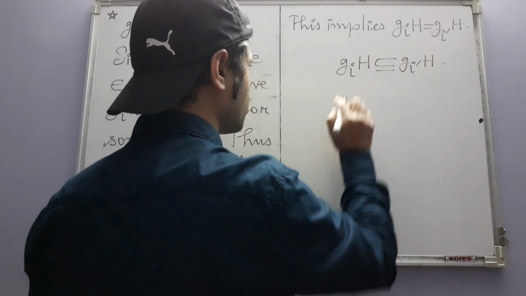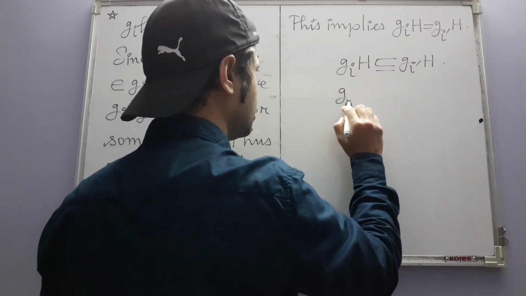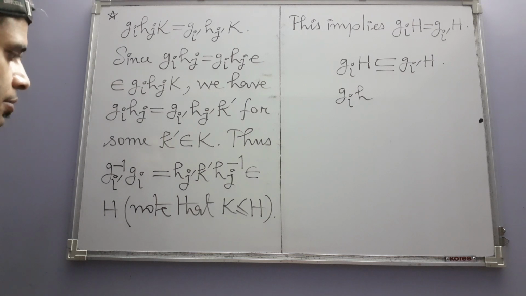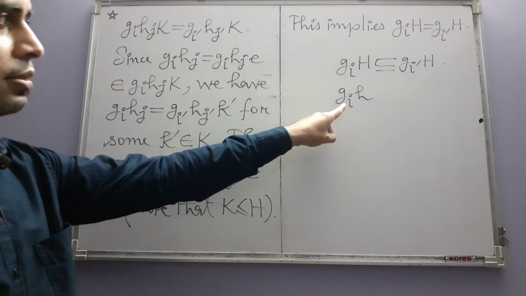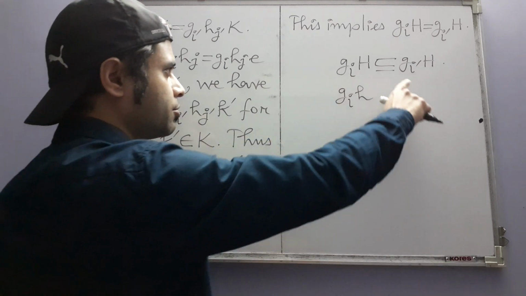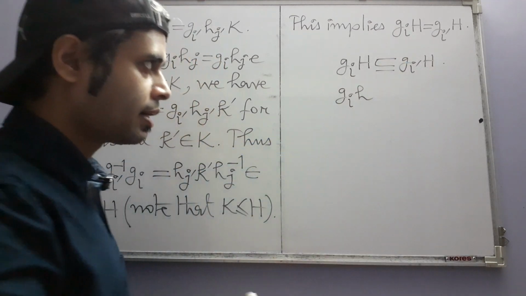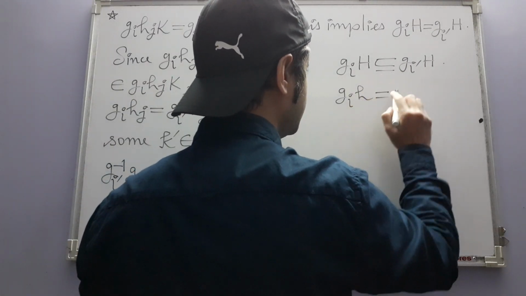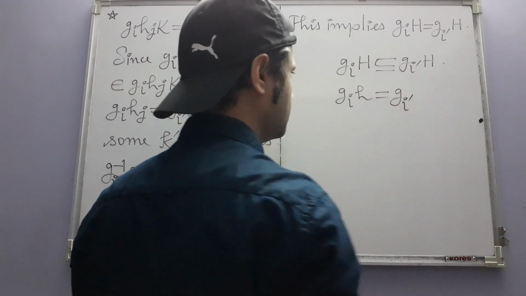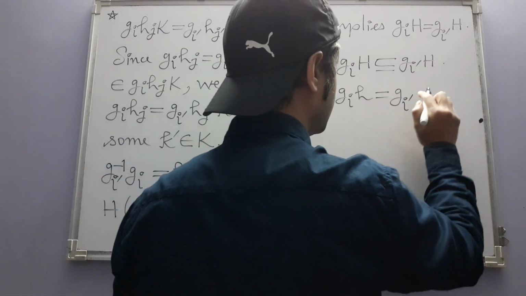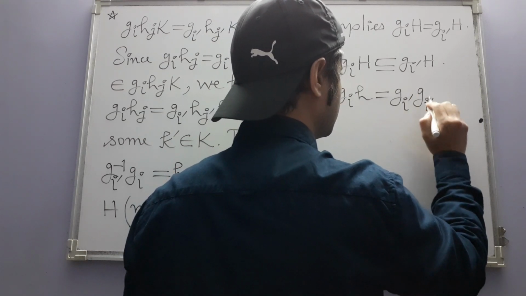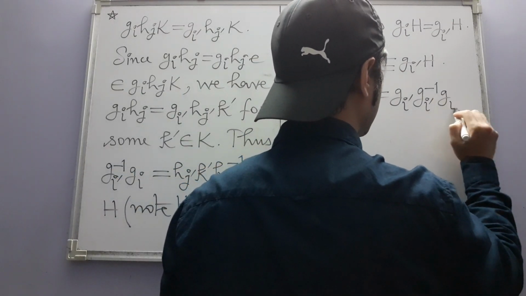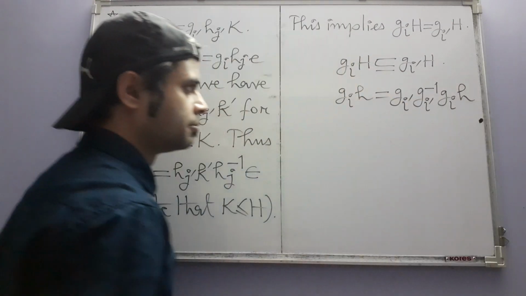So to prove that this containment is true, you take an arbitrary element from here, say GIH, okay, and you have to prove that this GIH is equal to GI prime times something coming from capital H. So because we want Gi prime, we just make it appear and then compensate for that like this, Gi H.